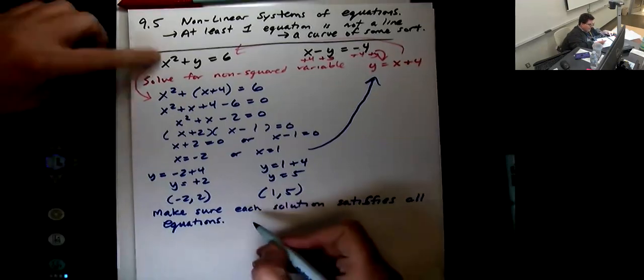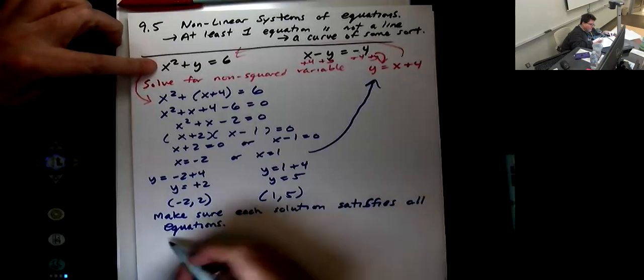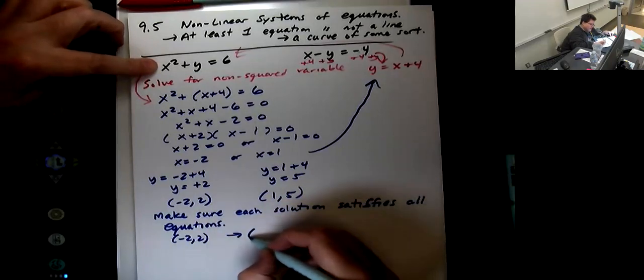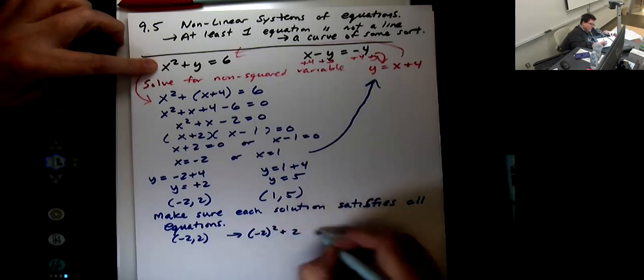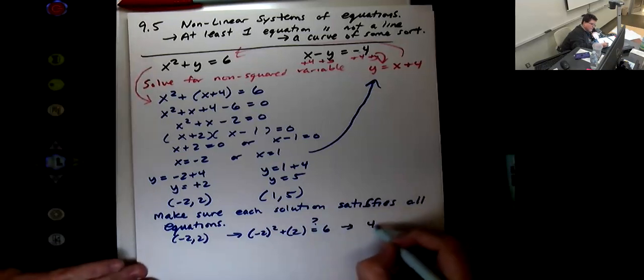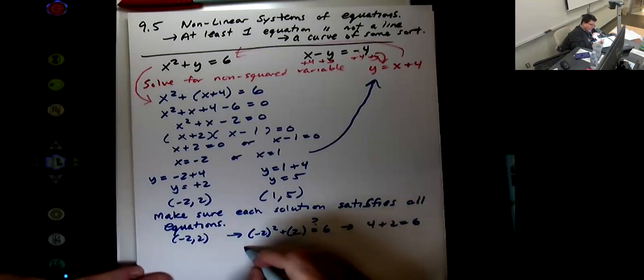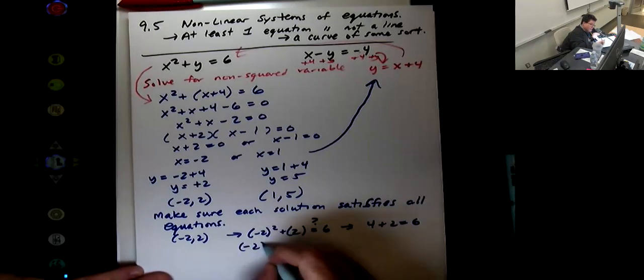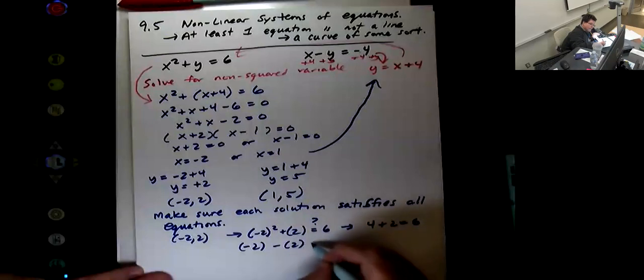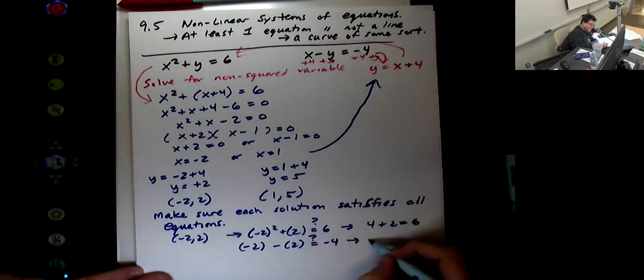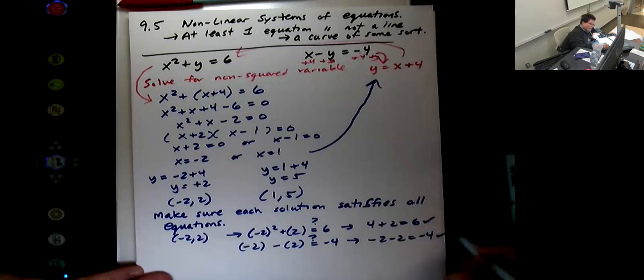So I would plug the -2, 2 into both of them. This becomes -2 squared plus 2. Does that equal 6? 4 plus 2 equals 6. That's good to go. And then I'll plug that into x minus y equals -4. Is that true? -2 minus 2 does equal -4. So that one works on both of them.